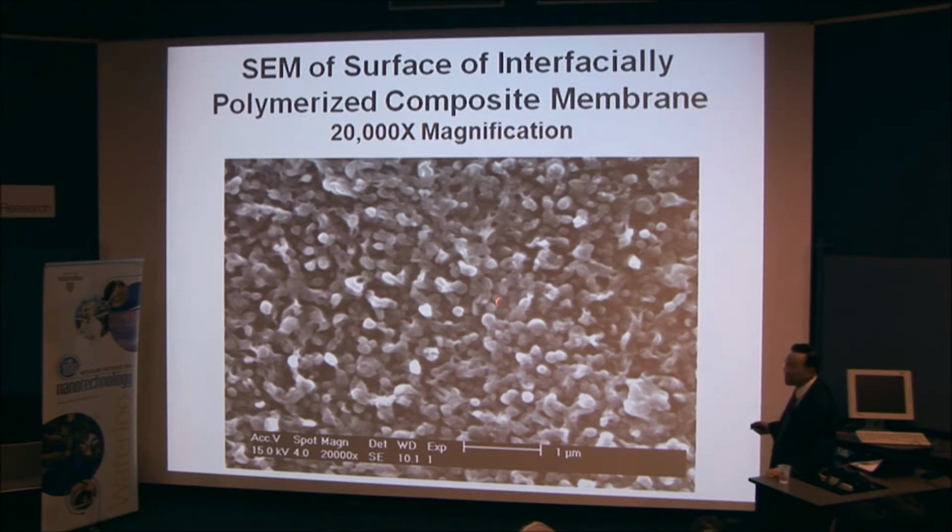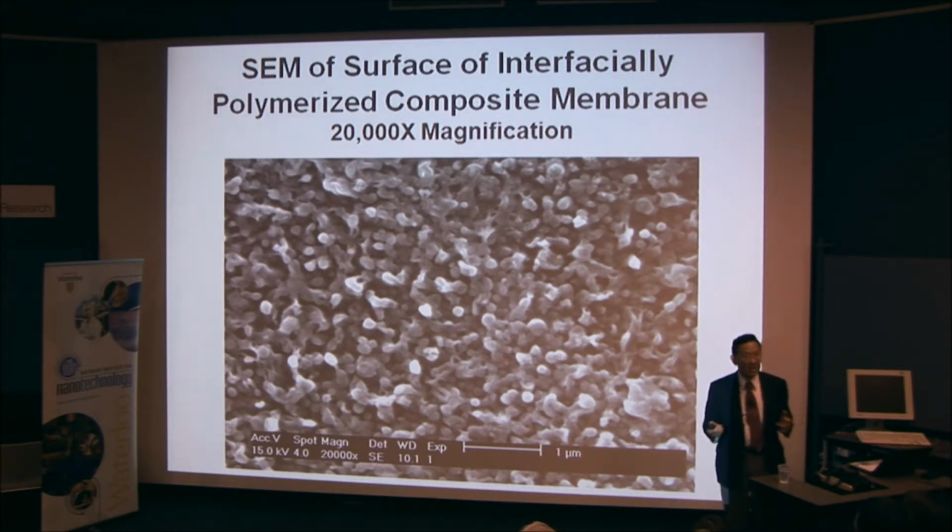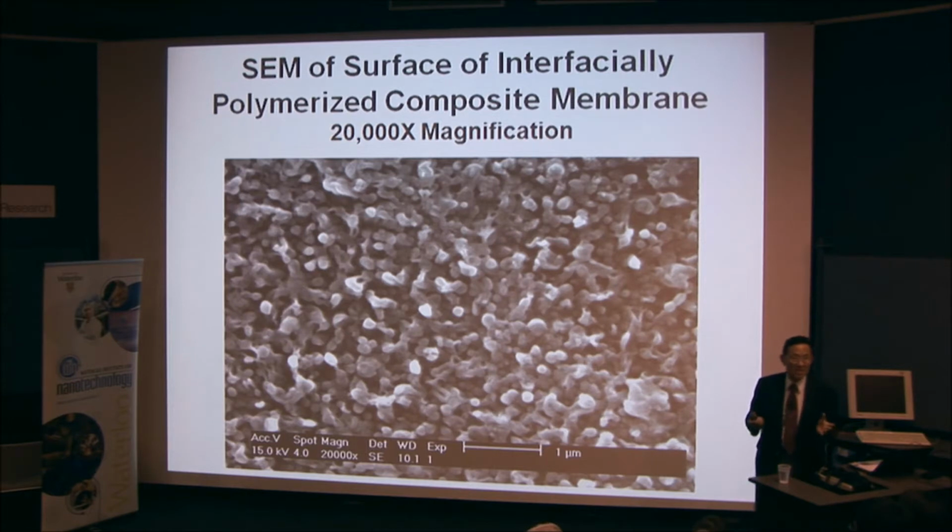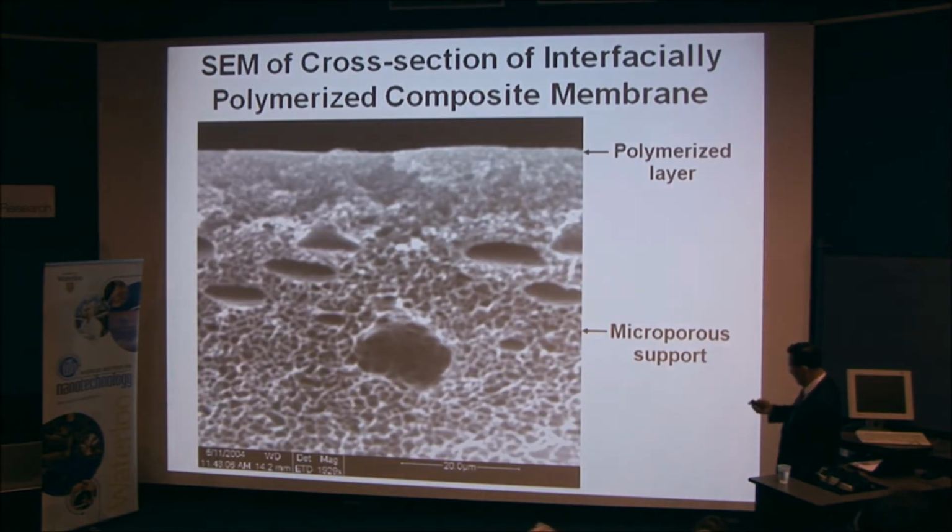You can see a lot of those bumpy, nodular features on the membrane. People say that because of this kind of topology, the surface area increases significantly, and that also enhances the flux. That is what a typical surface looks like.